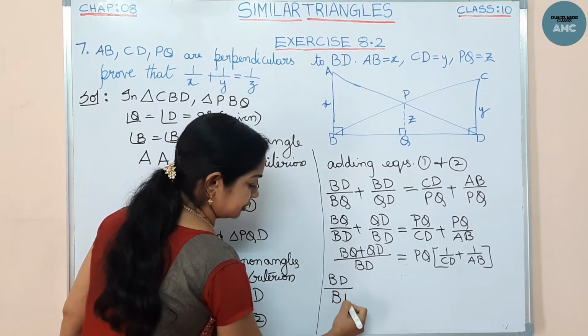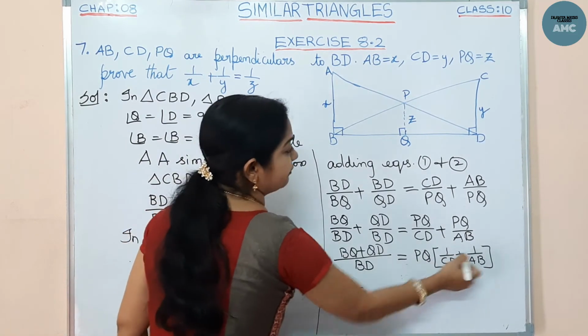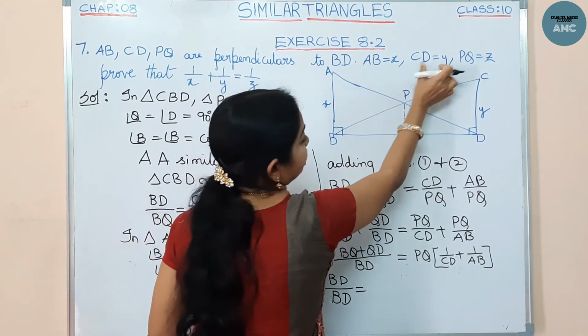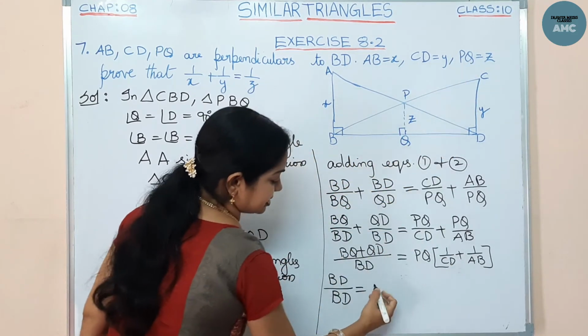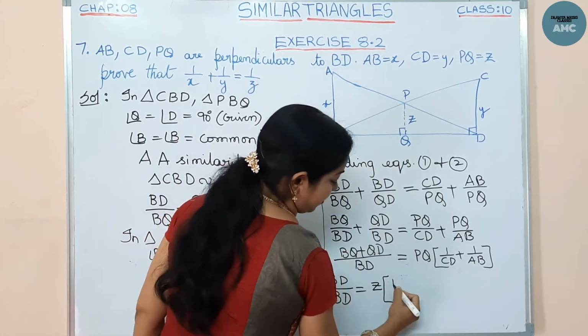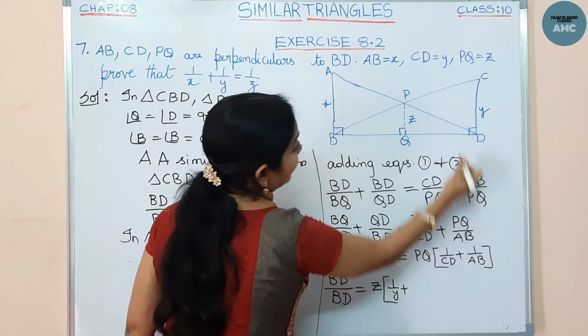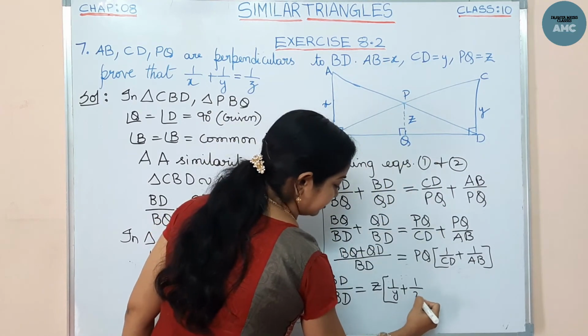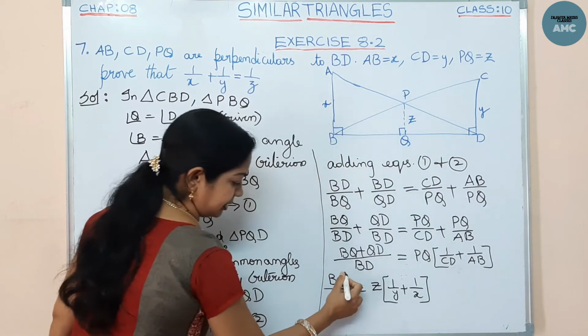Now this part PQ, all we will change it into XYZ here. Given in the problem, PQ is Z. 1 by CD is 1 by Y, plus 1 by AB is 1 by X here. Now on this side BD and BD cancel.